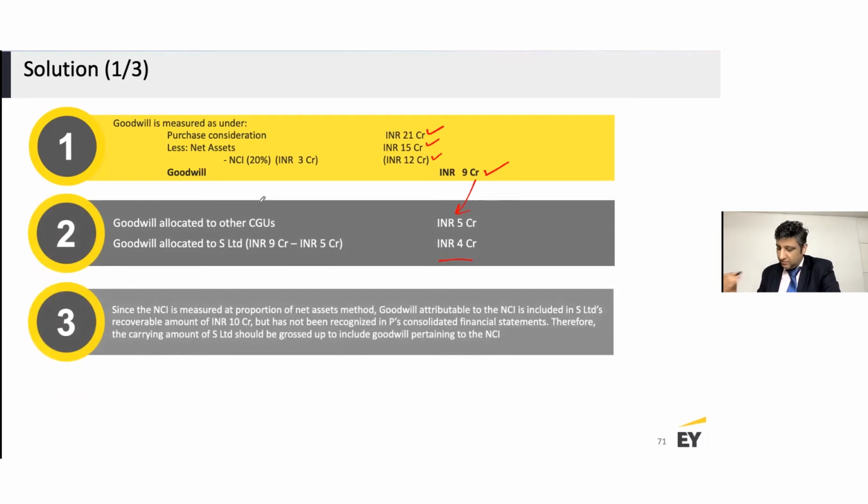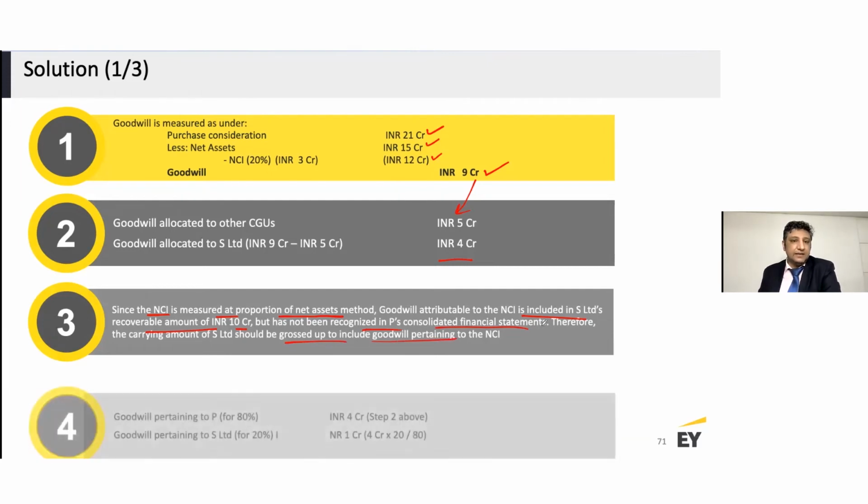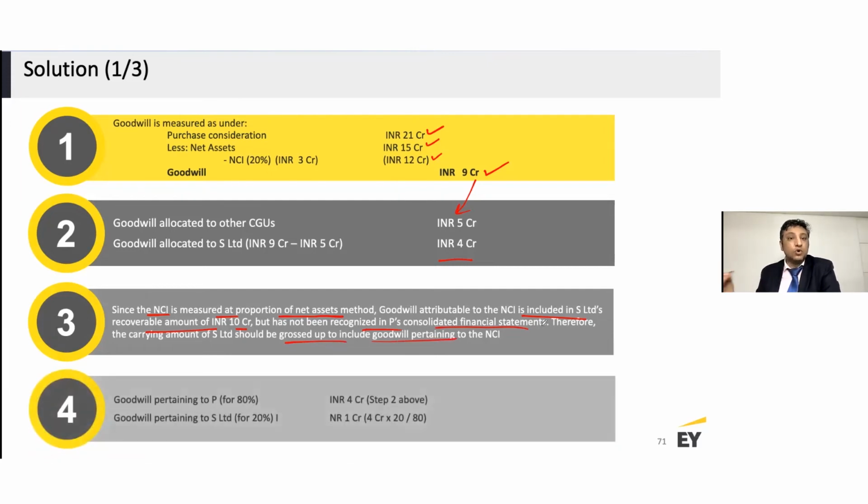And then we are talking about the concept. Since the NCI is measured at a proportion of net assets, the goodwill is included in the recoverable amount, but has not been recognized in P's group financial statement. And that is where it is to be grossed up to arrive at the parent's or the group's goodwill for that matter. And that's where it becomes 4 plus 1, making it 5 crores, right?